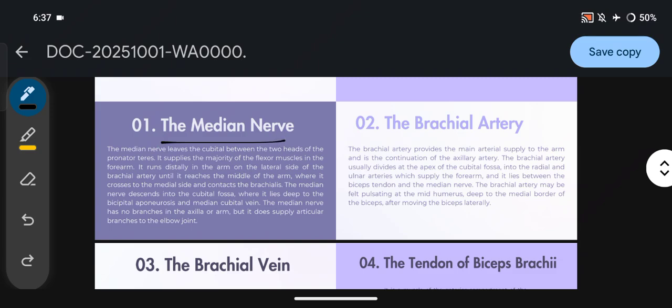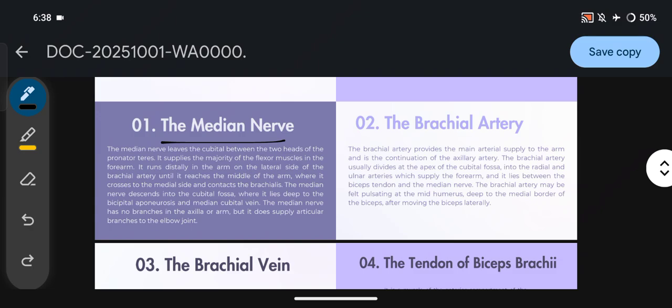The median nerve leaves the cubital fossa between the two heads of the pronator teres and supplies the majority of the flexor muscles in the forearm. It runs distally in the arm on the lateral side of the brachial artery until it reaches the middle of the arm, where it crosses to the medial side and contacts the brachialis.